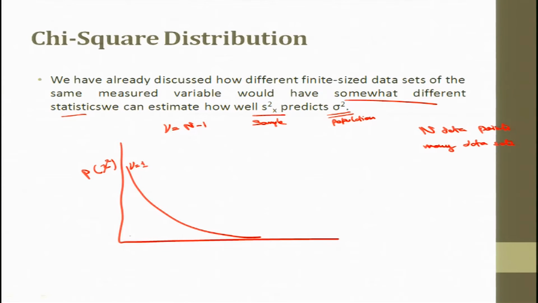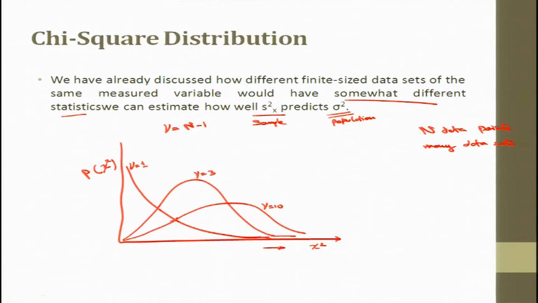When this is equal to 3, that is 4 samples, this is for V is equal to 3, and we have V equal to 10 somewhat like this. So, this is probability for Chi-square and this is Chi-square in this direction.